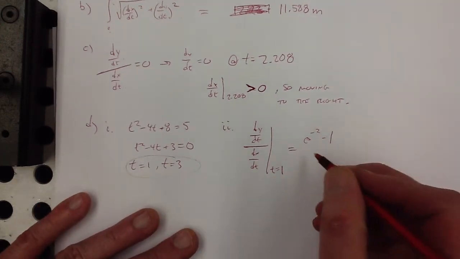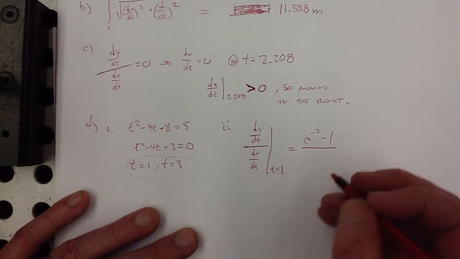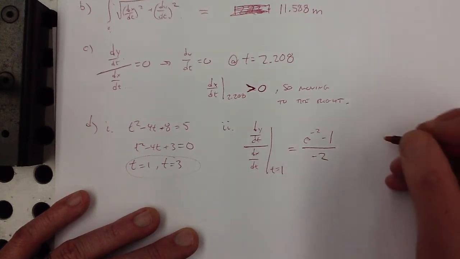That's what you get when you plug 1 into that. I can just leave it like that. And then dx/dt is 2t minus 4, over negative 2.